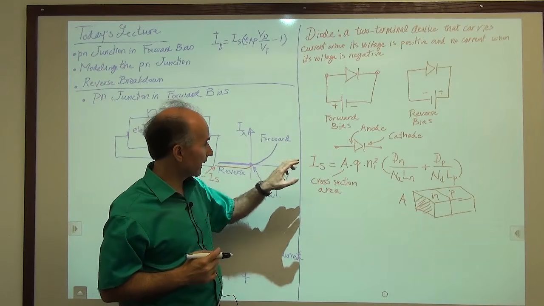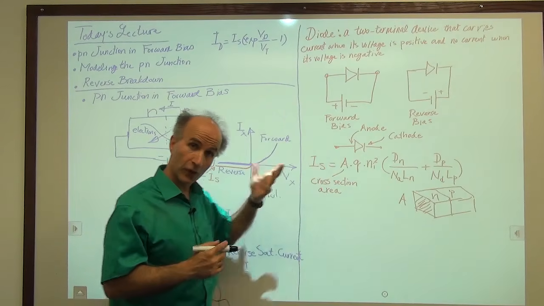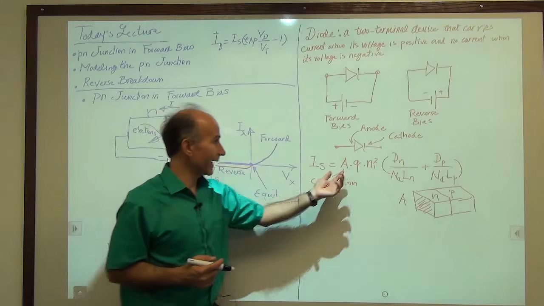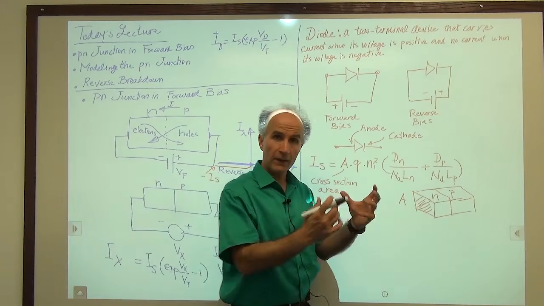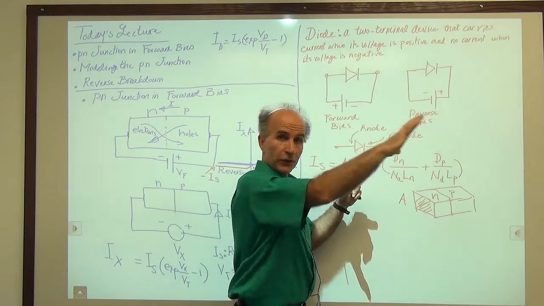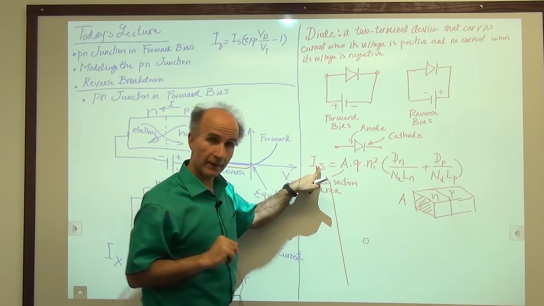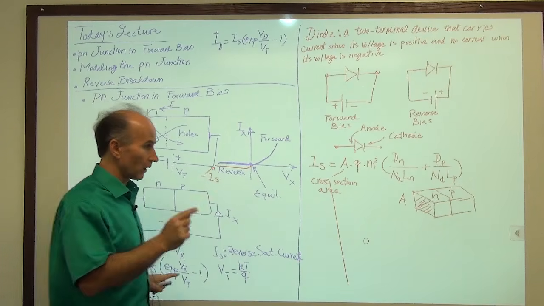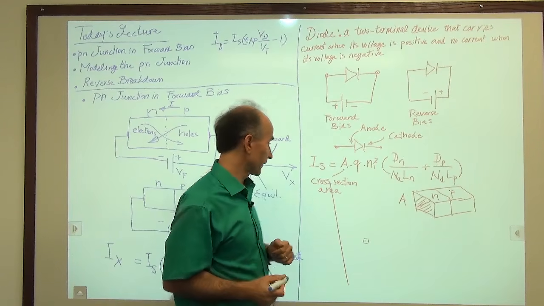Does it make sense that the reverse saturation current, IS, or generally the current, is proportional to A? Yes, it does make sense, because just like a resistor, as I make this cross-section area bigger, I can accommodate a larger current for a given voltage. So it makes sense that IS, and therefore the total current flowing through the diode, are proportional to the cross-section area. So that is fine.